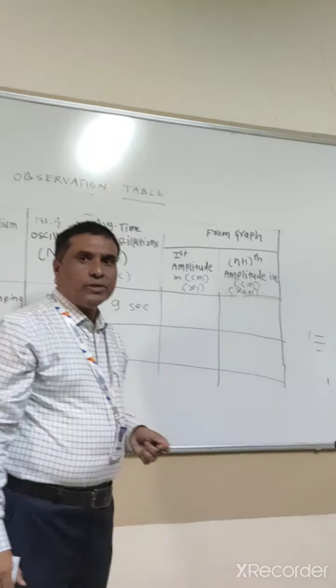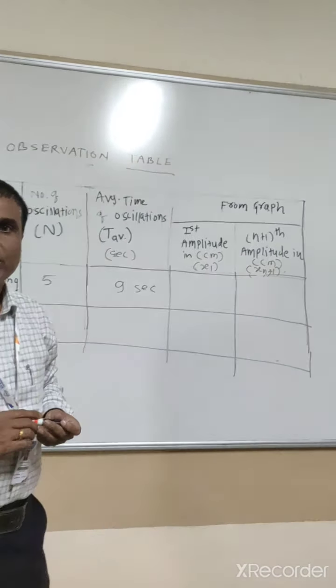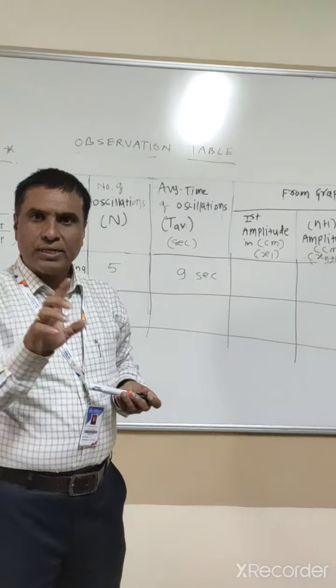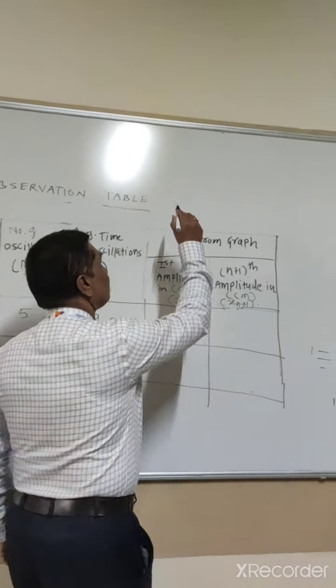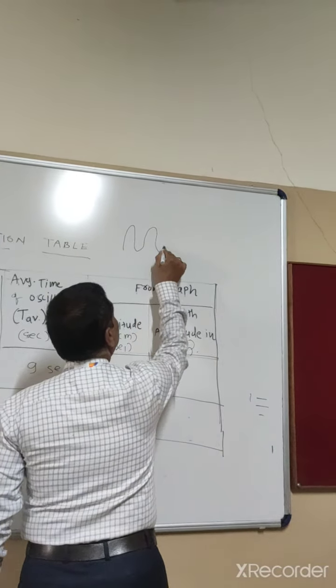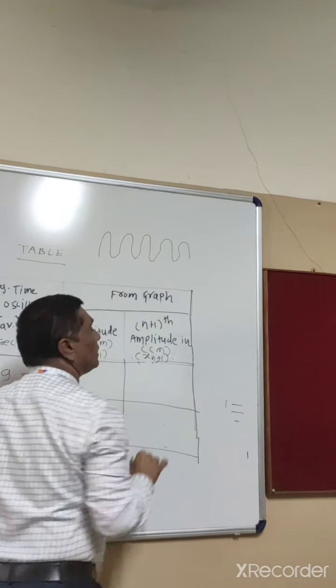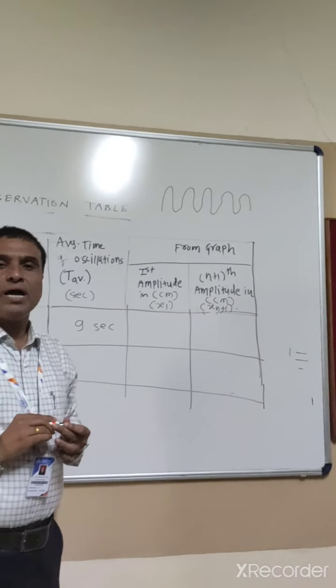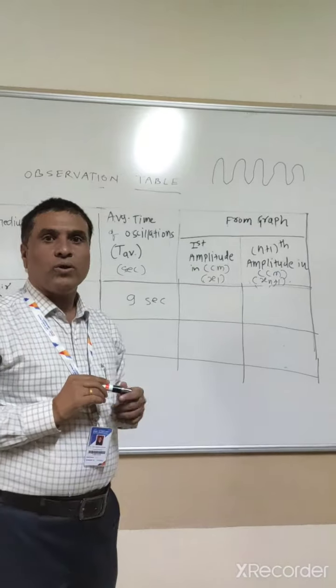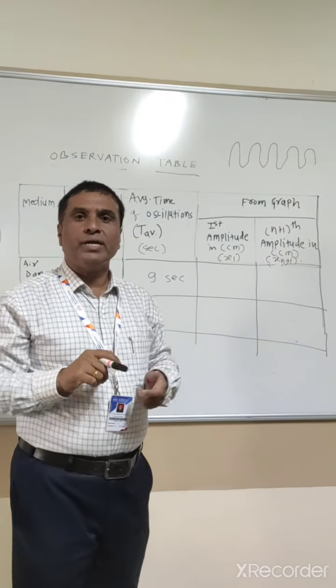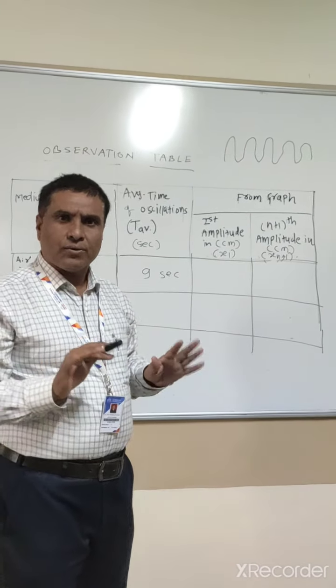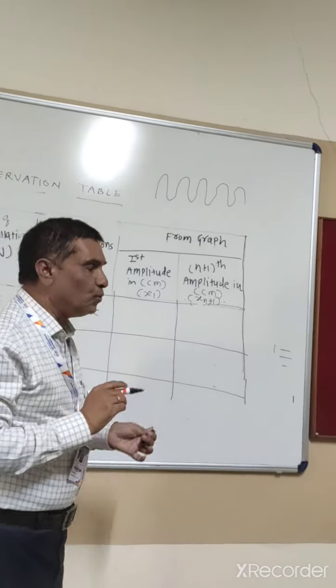Now the first amplitude. We have also seen one graph on that paper in the experimental work, and the graph comes like this. This is the amplitude or vibration we got by rotating that drum in the air, without using the fluid medium.